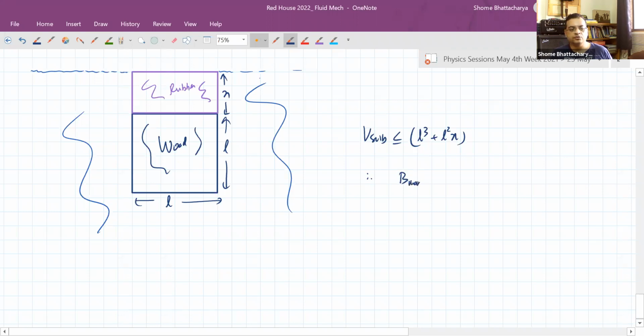the maximum buoyant force we can have is density of water into this.